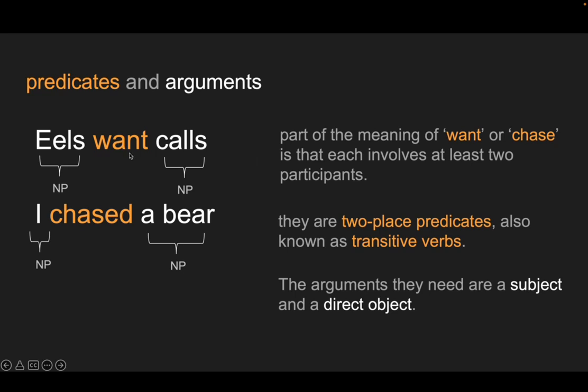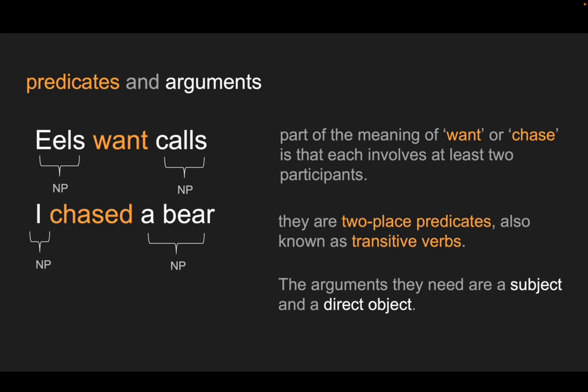We have to know what the verb want or the verb chased means. Now, part of that is we have to understand that want is like a psychological state. It's hard to define these basic words with other words, but to yearn, to desire, right?